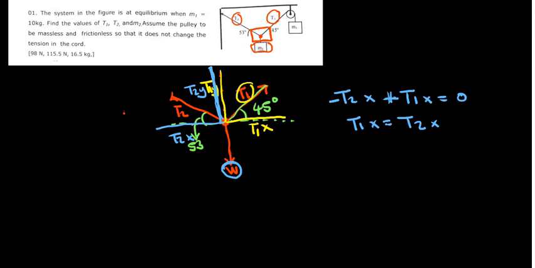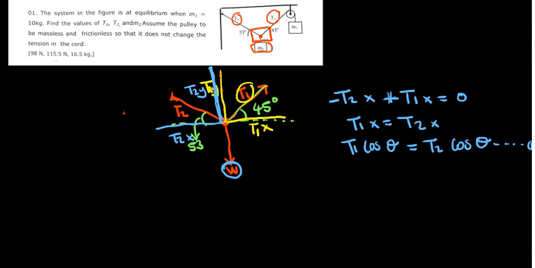So we can look at it in a detailed manner: t1 cos theta should be equal to t2 cos theta. Okay, so this is our equation 1. So that is our equation 1.